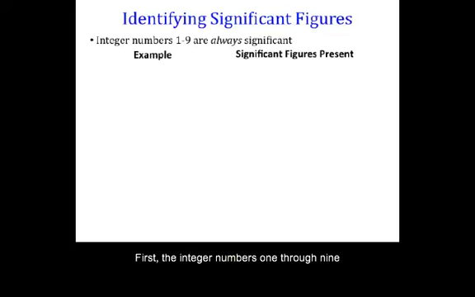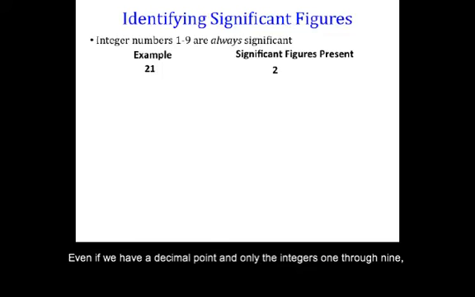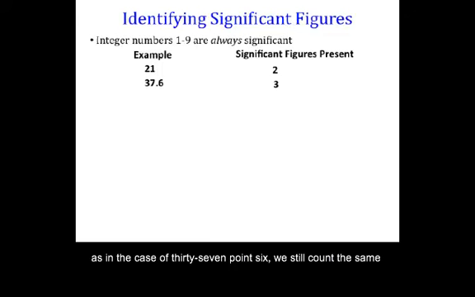First, the integer numbers 1 through 9 are always significant. In our first example, the number 21 contains two significant figures. Even if we have a decimal point in only the integers 1 through 9, as in the case of 37.6, we still count the same way and ultimately obtain three significant figures.